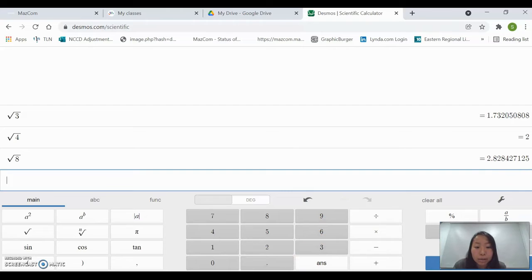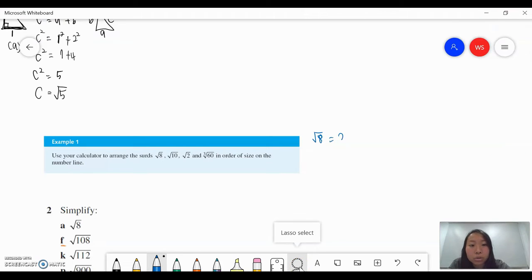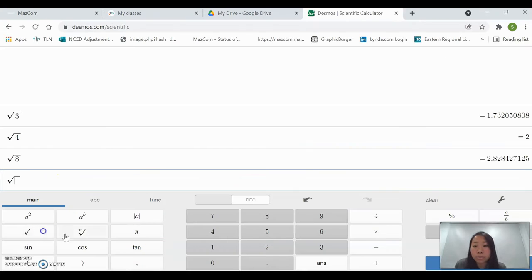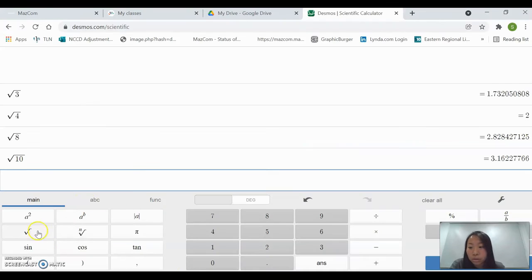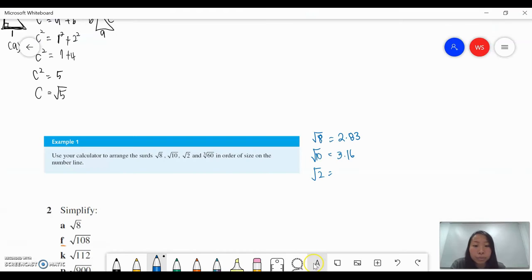So converting all your square roots or cube roots into decimals, and then putting that on a number line like what the question is asking. Square root of 10 will be 3.16. Square root of 2 is 1.41.